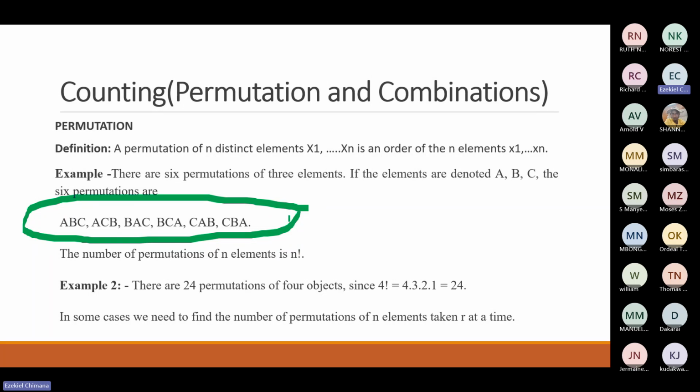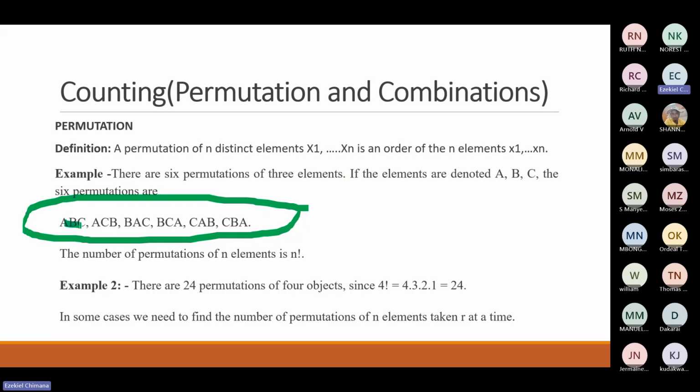Mostly on permutations, we are looking at the way we can order the elements. Maybe you are given books and you are asked how many ways you can arrange these books. If the order matters, know that you are dealing with permutation.